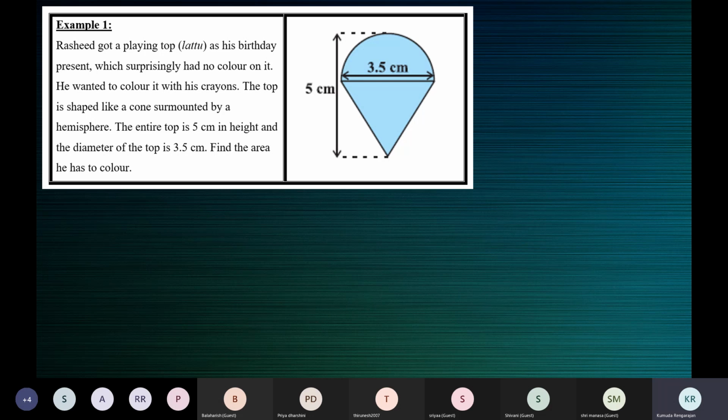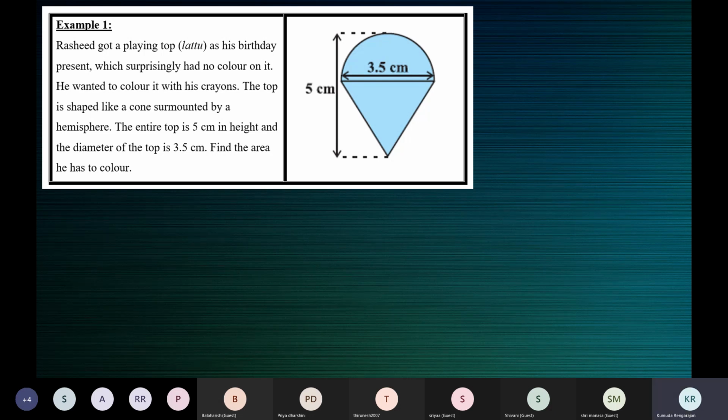Nowadays they're available in plastic also, meaning some kind of fiber. But traditionally tops are wooden. So this is also a wooden top, I guess. It's called lattu in Hindi. So probably if it was made of wood, it was just wood color.